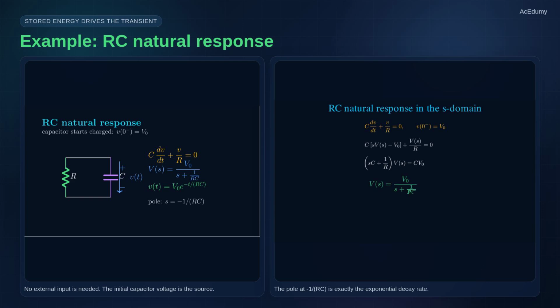Taking Laplace gives C times S V of S minus V0 plus V of S over R equals 0. Collect V of S and we get V of S equals V0 over S plus 1 over RC. In time domain, this is V0 e to the minus t over RC. The pole is at minus 1 over RC.